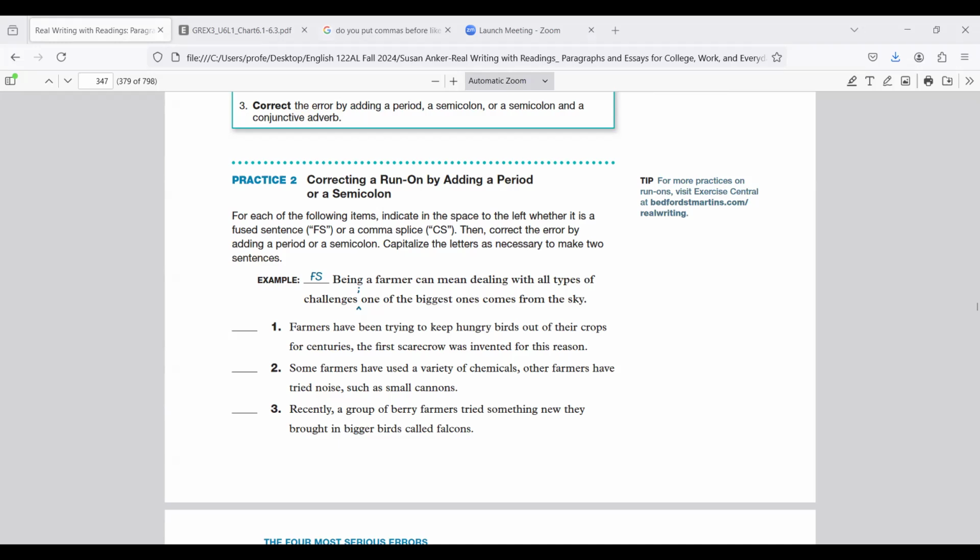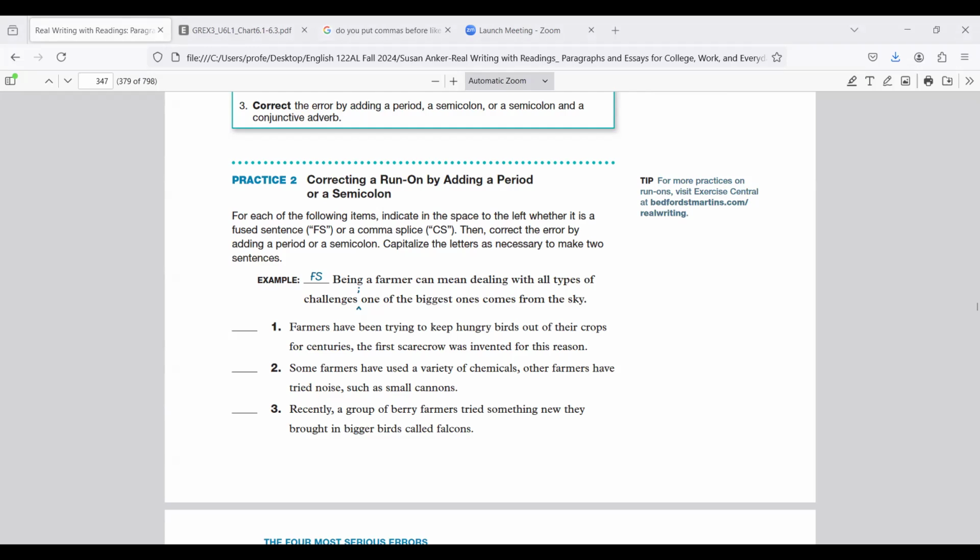A fused sentence just means no comma. And a comma splice means there's a comma where a period, or a comma plus a conjunctive adverb, or a semicolon should go. So then correct the error by adding a period or a semicolon. Okay, so this one they just wanted period or semicolon. Later, you can add conjunctive adverbs. If you're feeling very ambitious, feel free to add a conjunctive adverb.